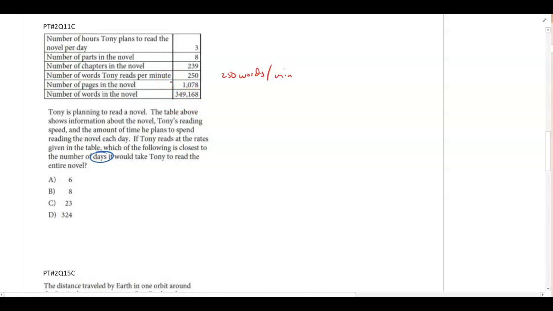If he can read 250 words per minute, I know there are 349,168 words in the novel. And if he reads 250 words per minute, how many is he reading per day?